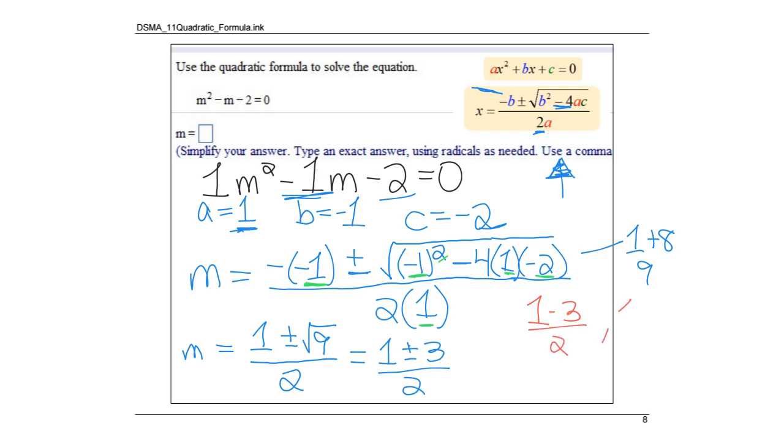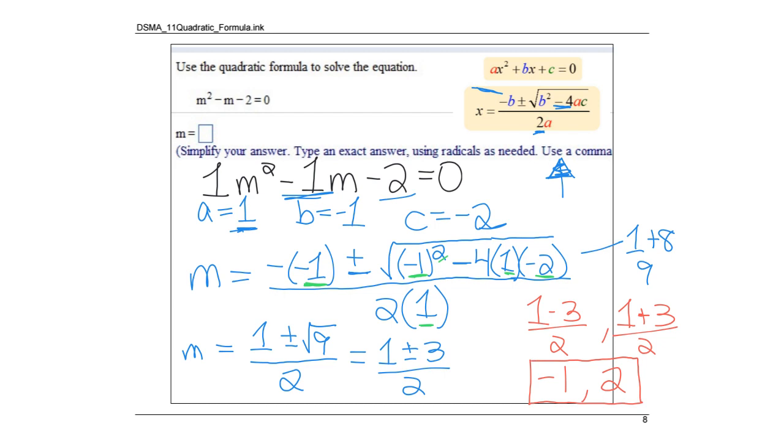And we're also going to do 1 plus 3 divided by 2. So 1 minus 3 gives me -2, and then -2 over 2 would get me -1. Over here, 1 plus 3 is 4, and then 4 divided by 2 is equal to 2. So these are actually my solutions.